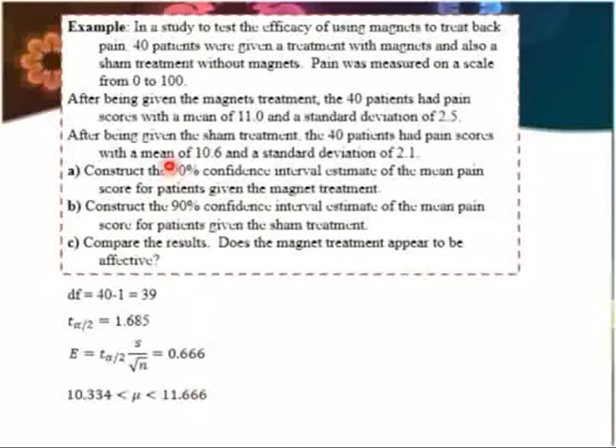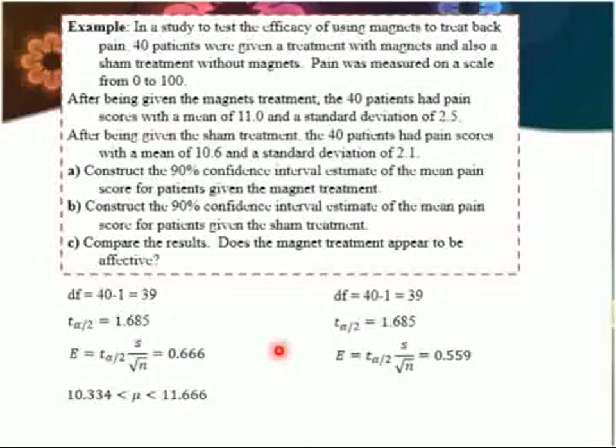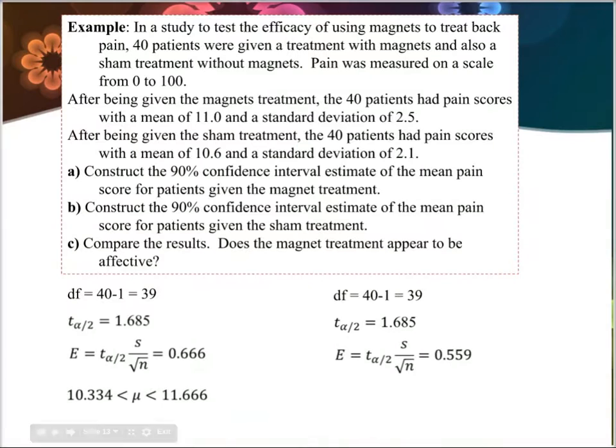So let's do the same thing for these folks who were given the sham treatment, who reported a mean of 10.6 and a standard deviation of 2.1. Well, they're going to have the same degrees of freedom and the same critical t-value. The margin of error will be different because standard deviation is different. So they have a margin of error of 0.559.